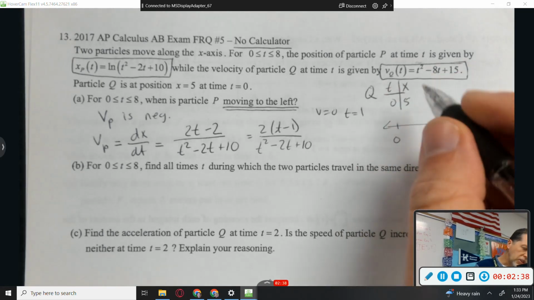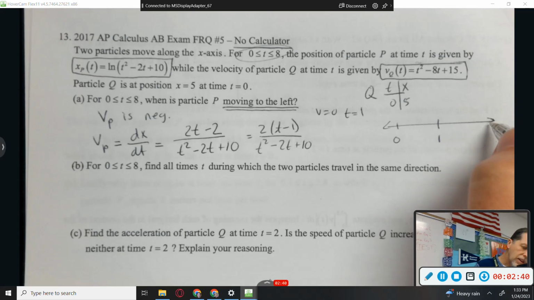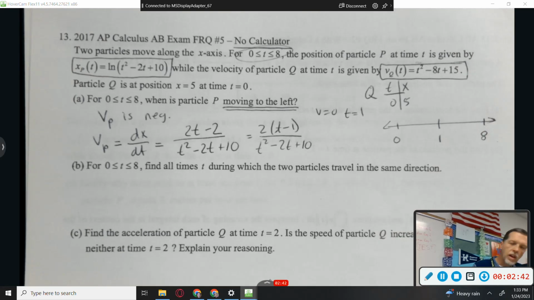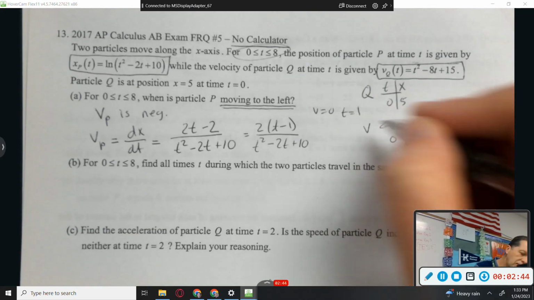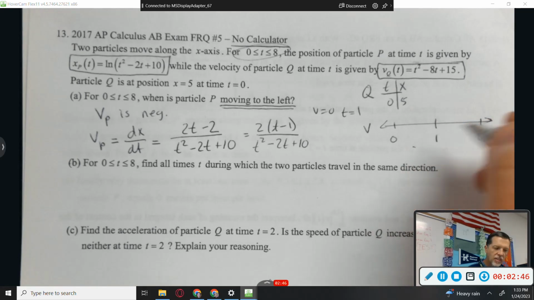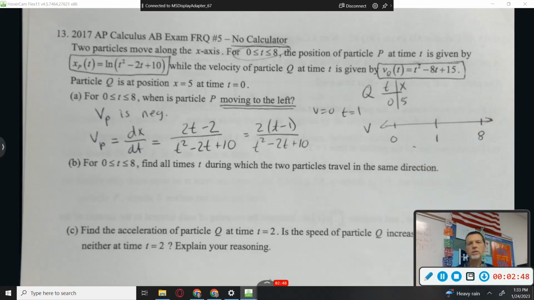And I'm only concerned about 0 to 8. So I'm going to test 0.5 maybe, and then 2, or 3, or 4, or 5, or 6, or 7, or 8.